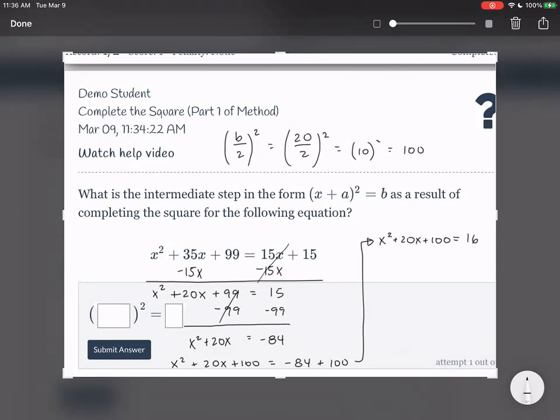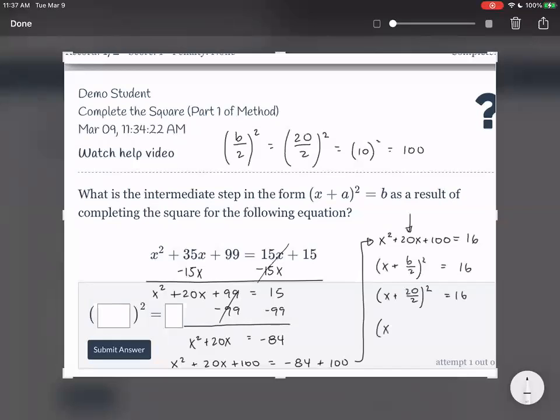Okay, any questions up until this point? Remember the formula for this is x plus b over 2 squared equals the 16. So what is our b value? Remember, our b value is the 20. So it's x plus 20 over 2 squared equals 16.